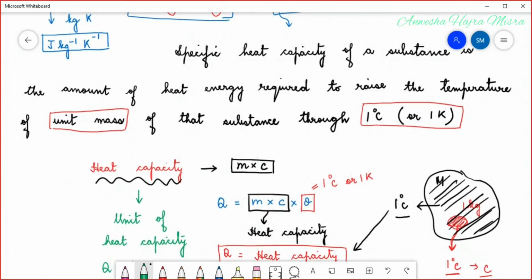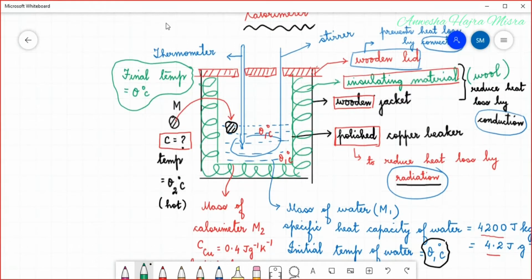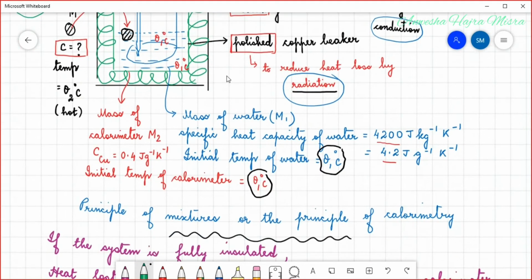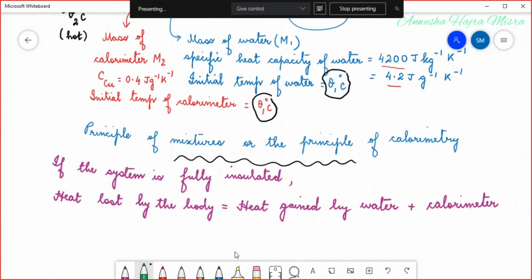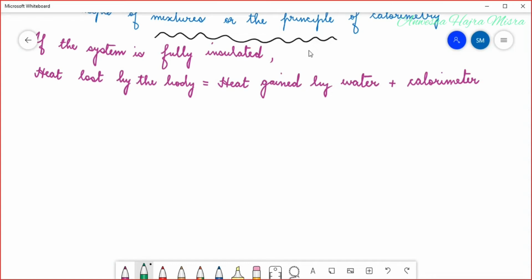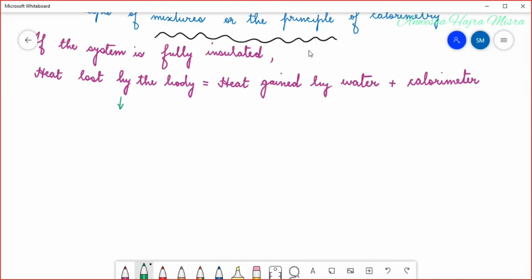So we come back to the diagram. The body loses heat, the water and the calorimeter gain heat, and the formula is mc theta. Heat lost by the body: mass of the body was m, specific heat capacity of the body was c. Body was at theta 2 degrees Celsius and the final temperature is theta.